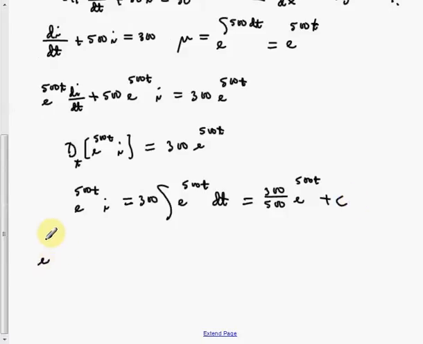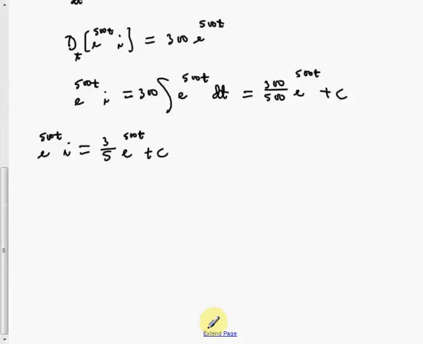So we have e to the 500t times I is equal to 3 over 5 times e to the 500t plus c. Divide through by the e to the 500t.